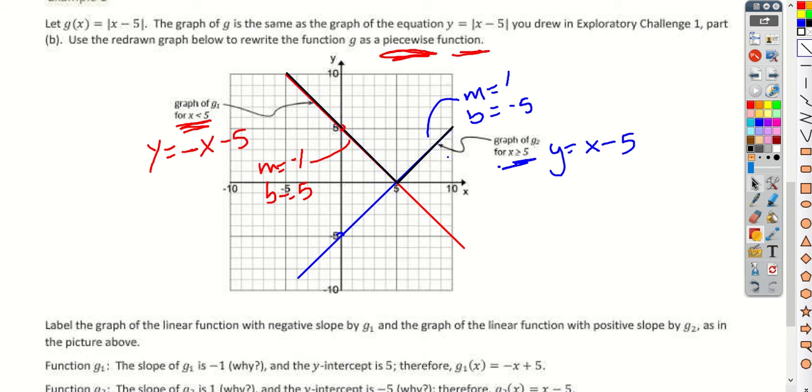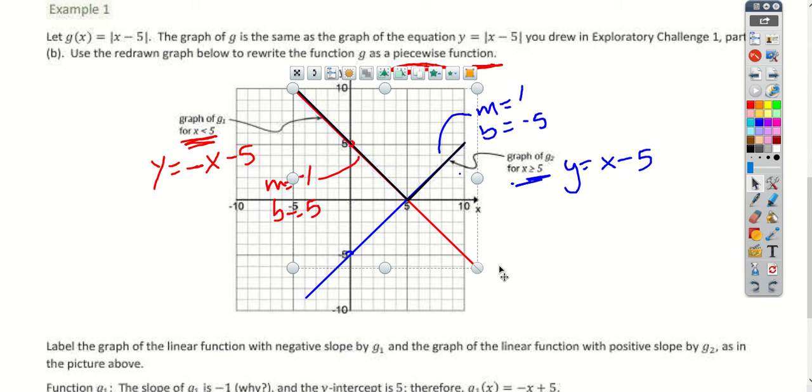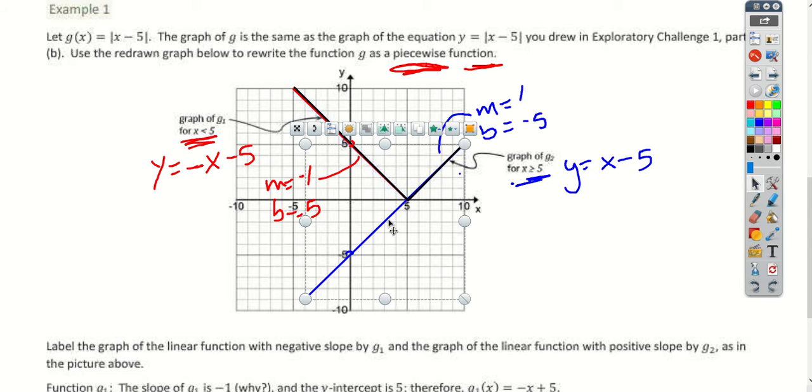And so what that does is it takes this equation and it gets rid of this part down here, because we're only going to anything less than 5. And as soon as I get to 5, I'm going to follow the blue graph up now.